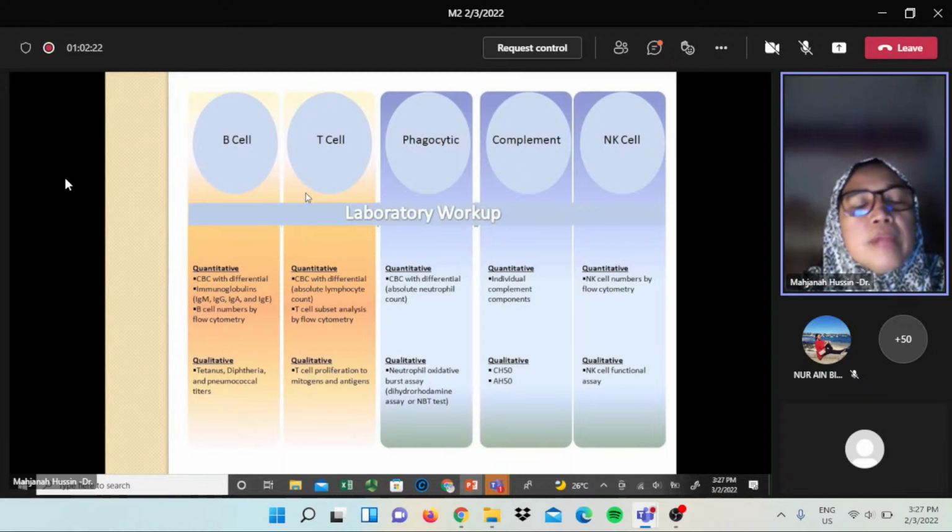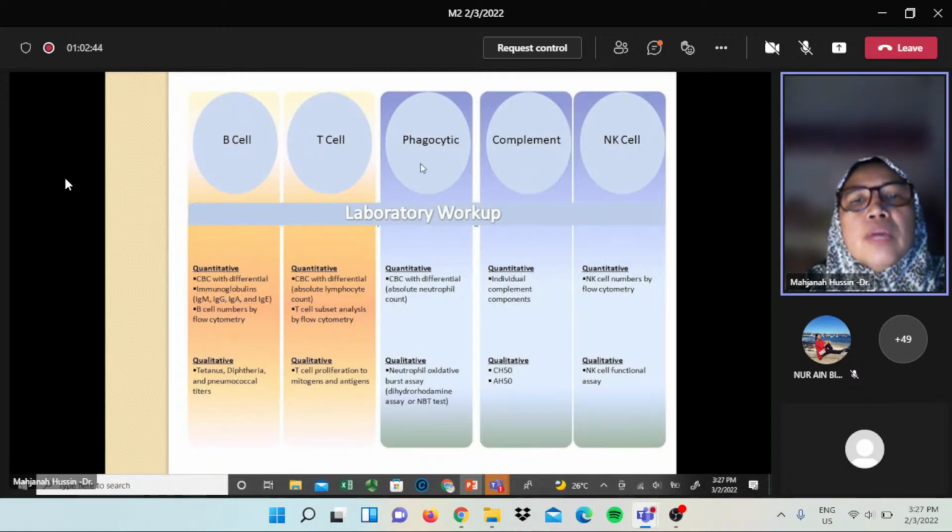For the T cell itself, you can also have a complete blood count, and then you can do T cell subset analysis by flow cytometry. The indicator of qualitative disease is whether the T cells proliferate to mitogens and antigens.